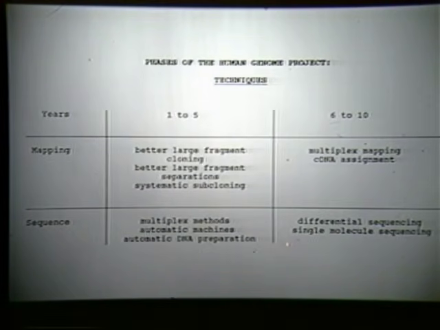So it's sort of restricted to that. What I see in terms of technique development over the next 5 years is better ability to clone large DNA fragments, to separate them, and probably the most important unsolved problem is how to take a big piece of DNA and systematically break it up into a series of smaller pieces without losing information about the order of those pieces.